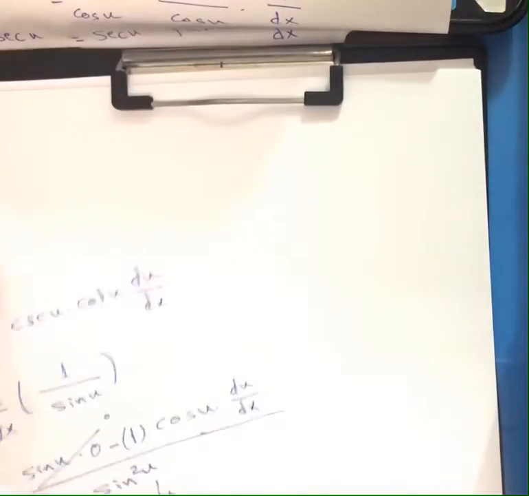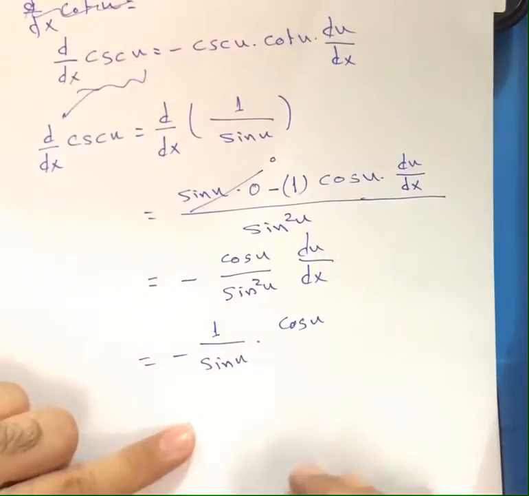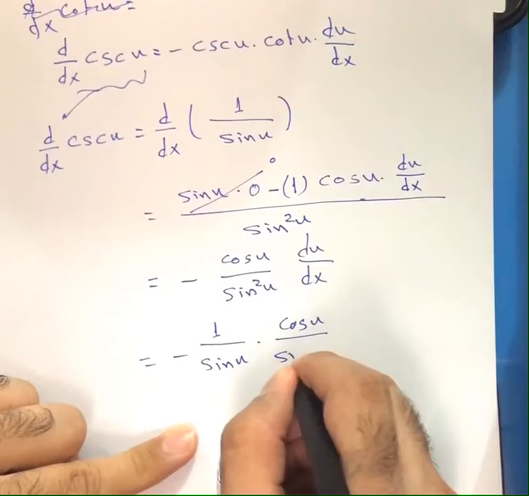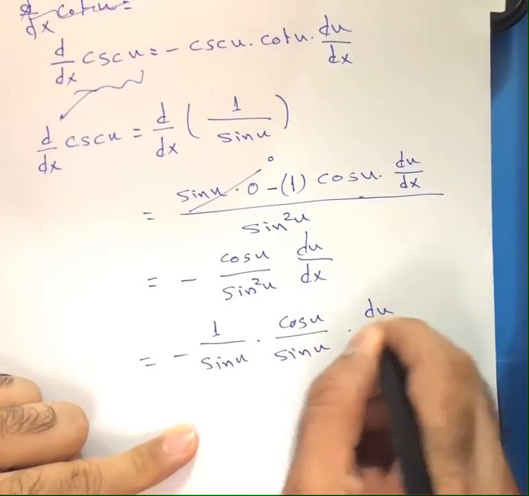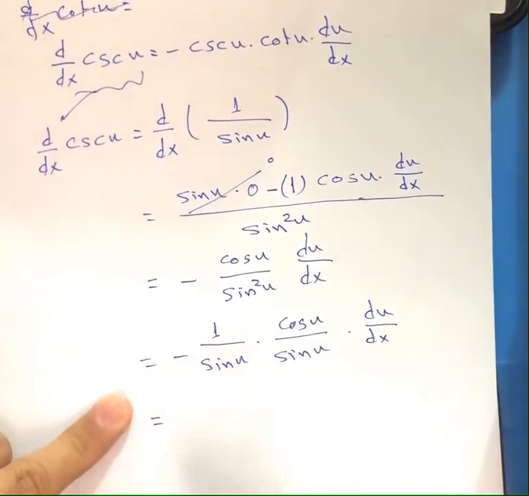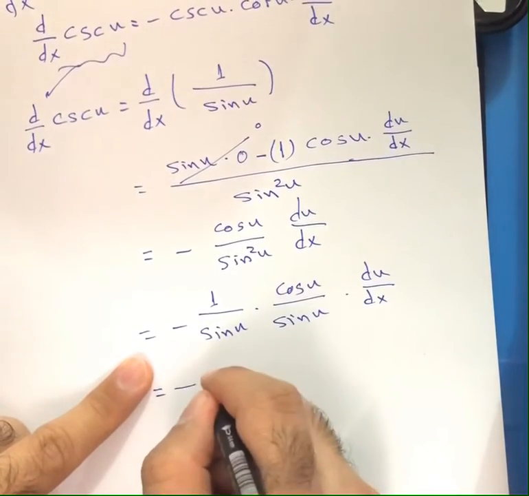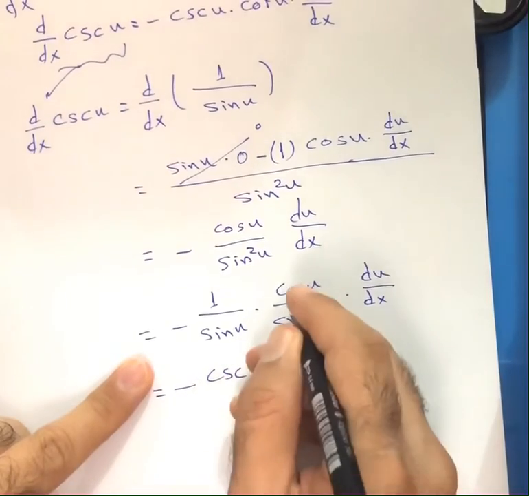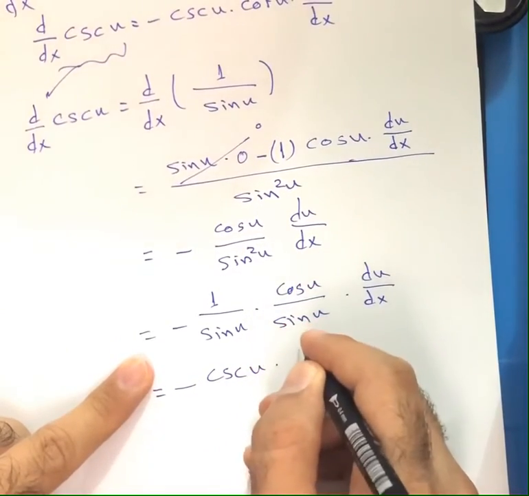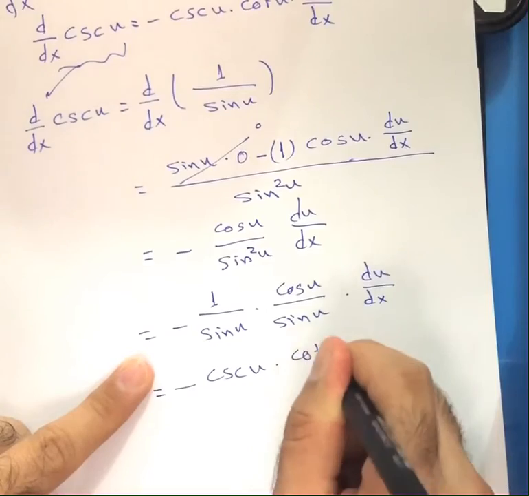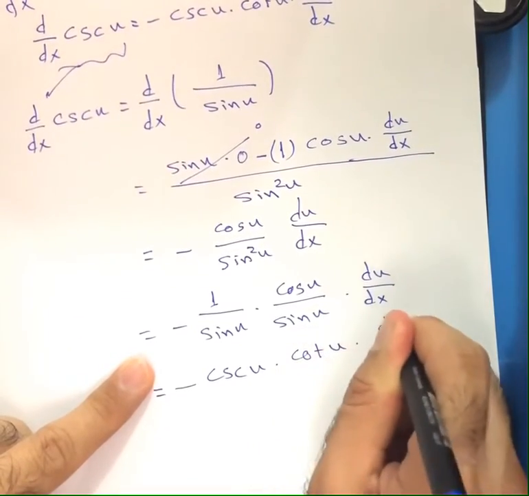Sorry, it may be not clear. Cosine u divided by sine u multiplied by du by dx. Now again, 1 over sine u is actually cosec u, and cosine function divided by the sine function actually is cotan function, cotan u, multiplied by du by dx.